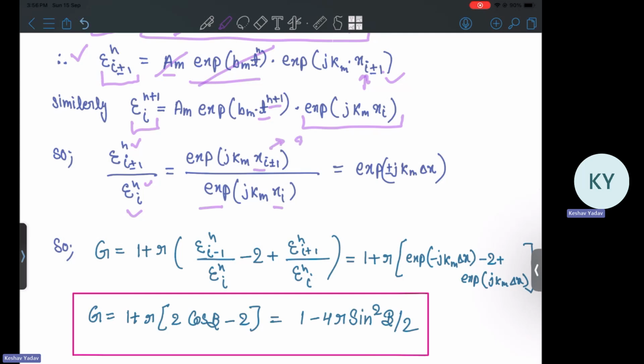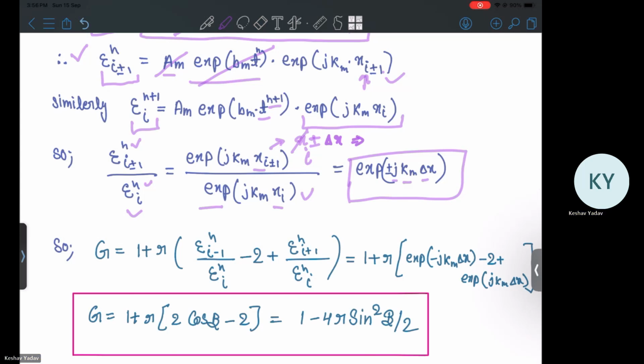This xi can be represented as x plus minus delta x, so what will I get? I will get exponential plus minus j km delta x.